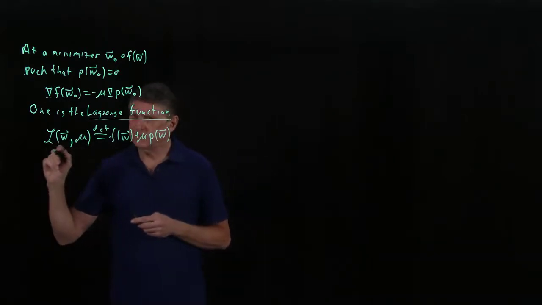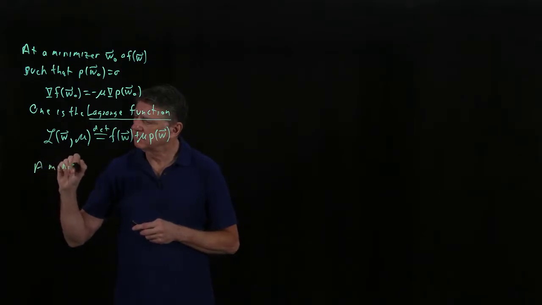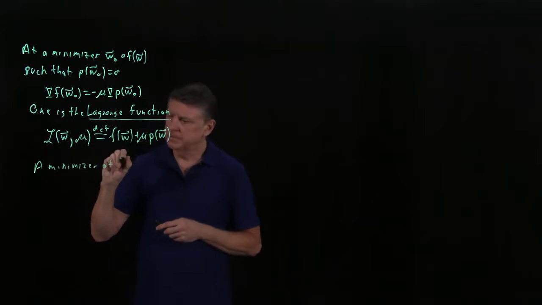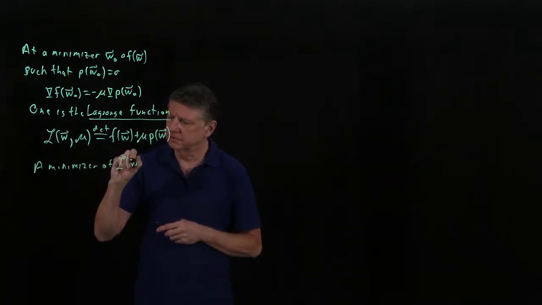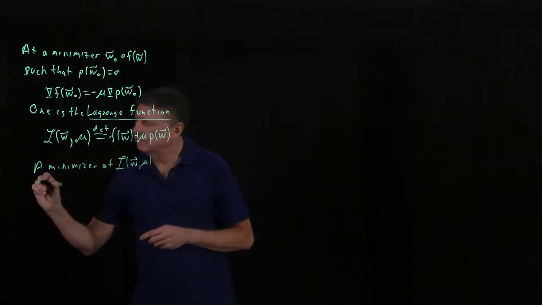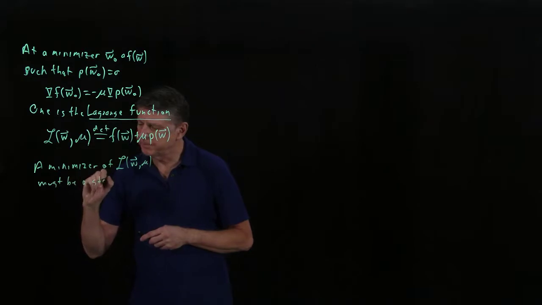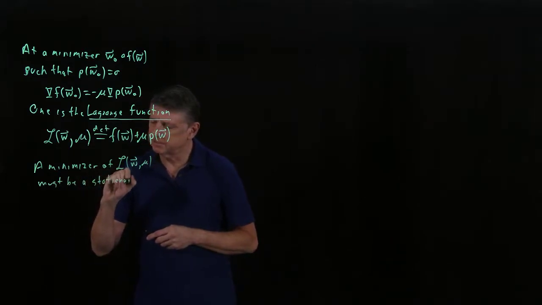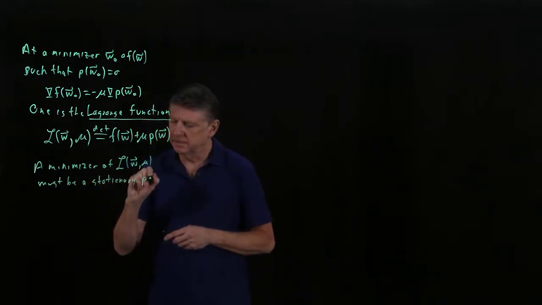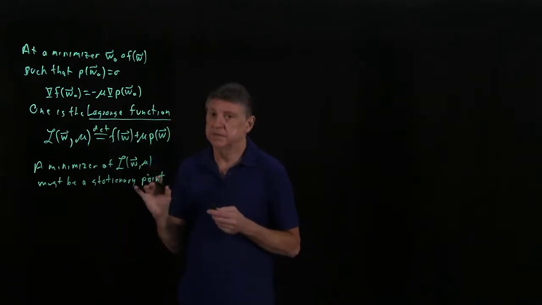So let's think this through. A minimizer of this Lagrangian function, if it's a minimizer, must be a stationary point. That's a really key insight: this is a necessary condition. It's certainly not sufficient, but it is necessary.